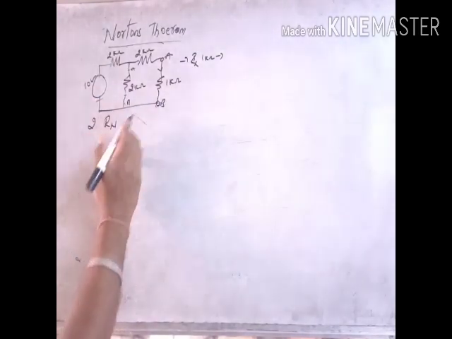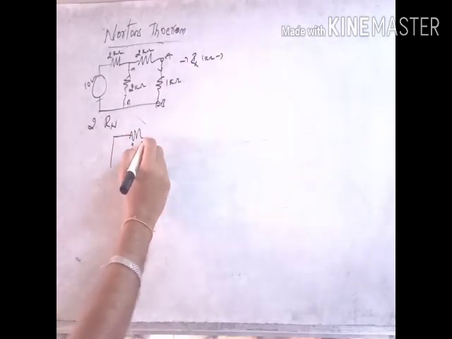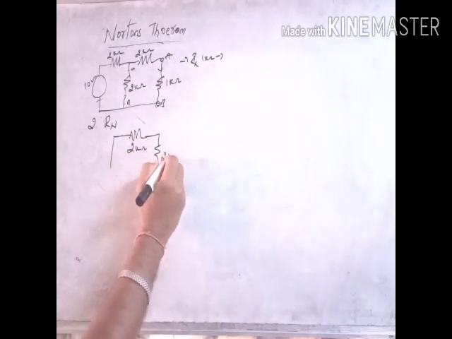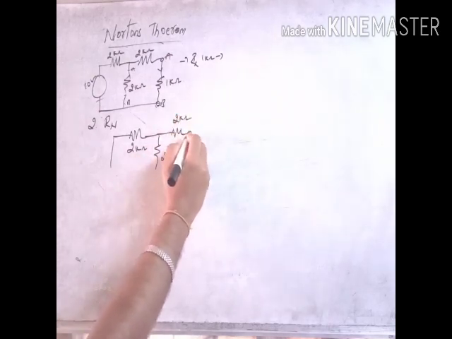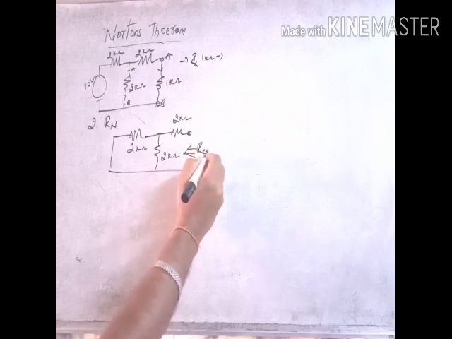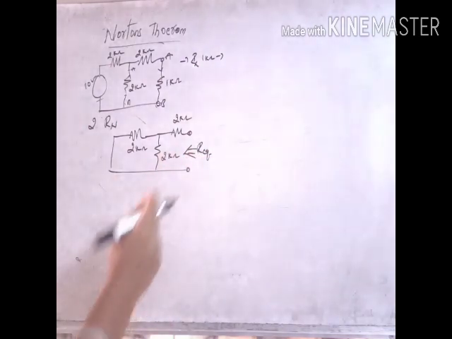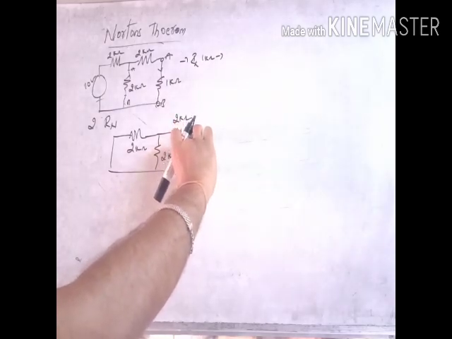Now we will redraw this circuit as 2 kilo ohms, 2 kilo ohms, 2 kilo ohms. These AB terminals are ignored; through them only we are calculating the total resistance. These terminals do not mean that it is an open circuit. It is not an open circuit like this.